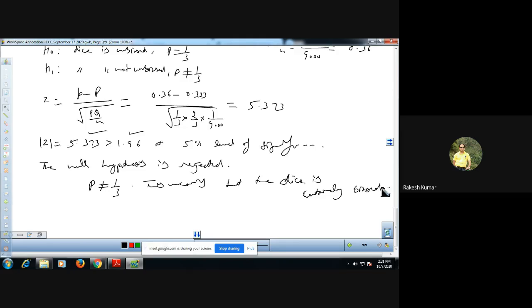Dice is a biased dice. So this will be the conclusion we can draw from the calculated values of the sample. So in this way we can do the questions. Let us do one more question.